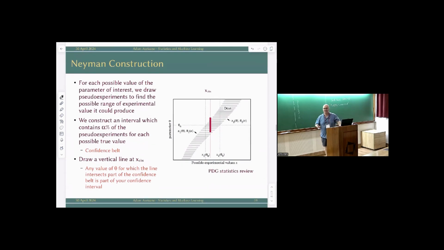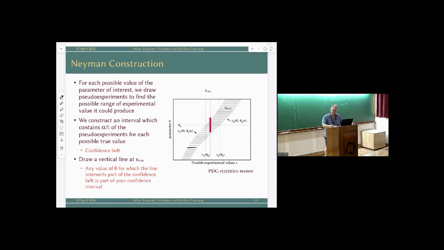The classical way of doing this is the Neyman construction. The idea is that you construct something called a confidence belt. For every value of your parameters that you could have gotten for the true parameter, you run fake experiments and figure out what values you could have gotten, and you make an interval which contains alpha% of the pseudo-experiments for that true value.